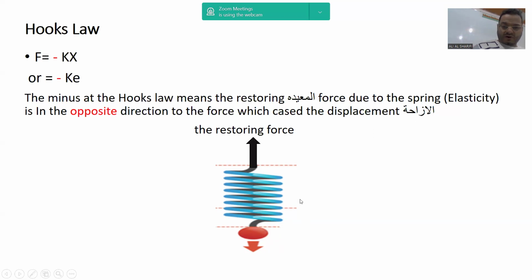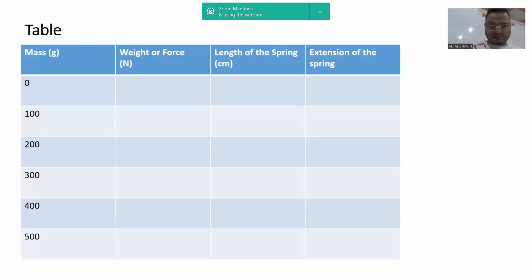The restoring force acts from down to up. The minus in Hooke's law means this restoring force, due to the spring elasticity, is in the opposite direction to the force which causes the displacement. And this image illustrates that very well.